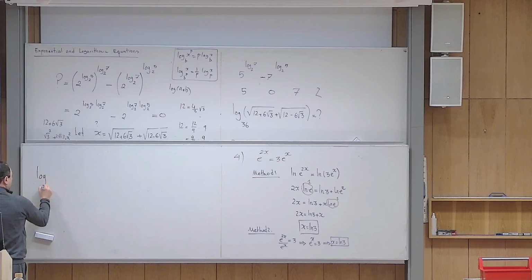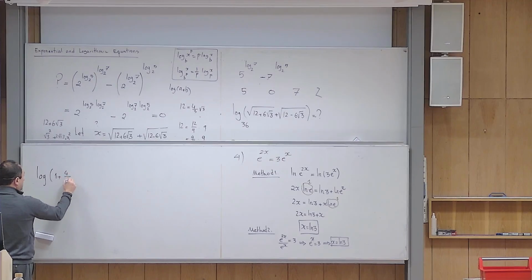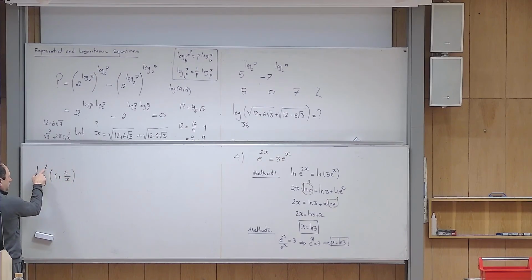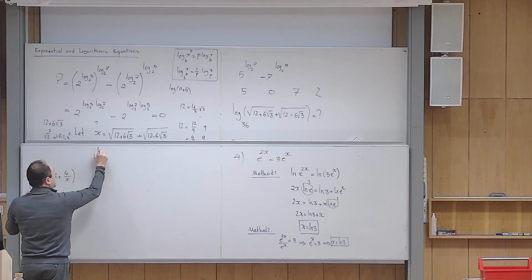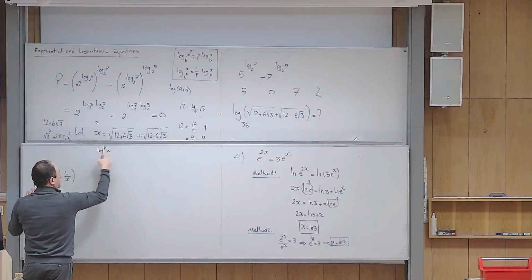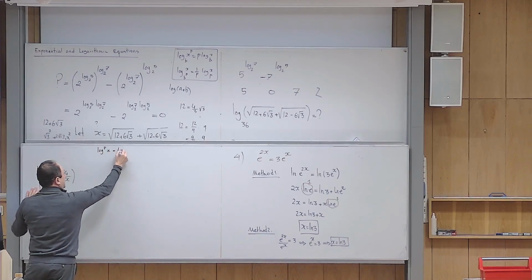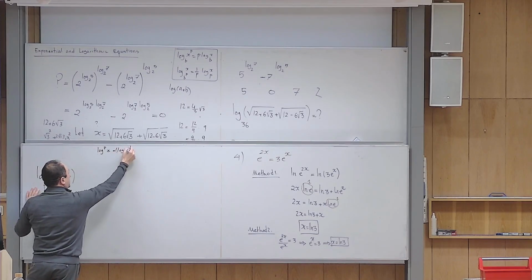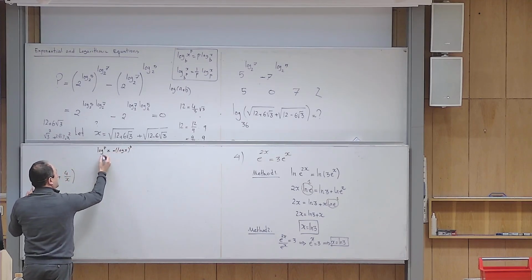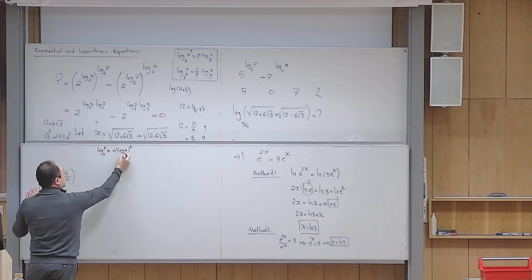Logarithm of 1 plus 4 over x. You know that when I put 2 here, this is common. It means the whole logarithm to the power 2. So let me write here logarithm to the power of p of x. When you see this symbol, it means logarithm of x totally to the power p. And it doesn't matter if you also have a base b.